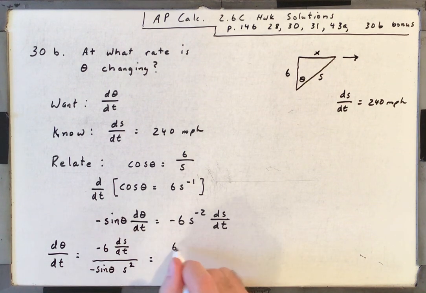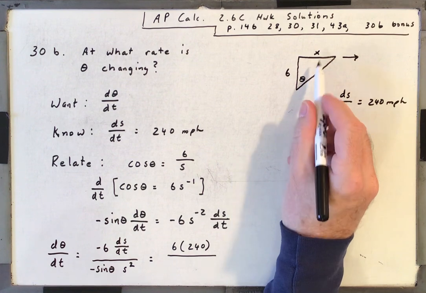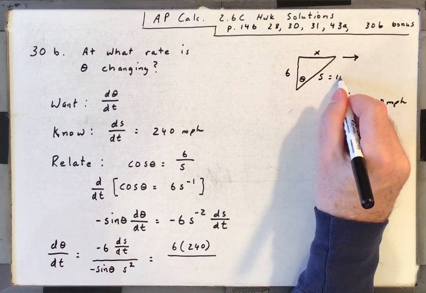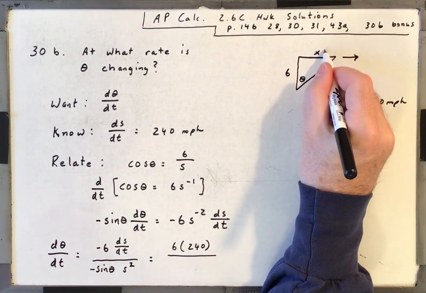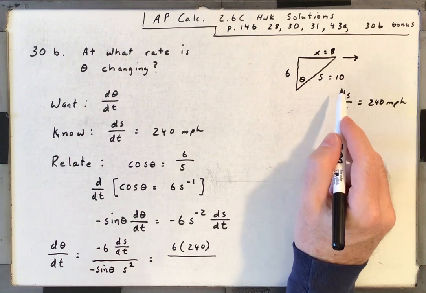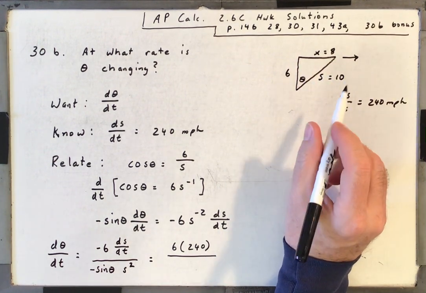Okay, so we have 6 times 240. Okay, sine is opposite x over hypotenuse. We know this is 10, and we know that the x side is equal to 8. That's a 6, 8, 10 triangle. Use Pythagorean theorem if you don't remember those ratios.